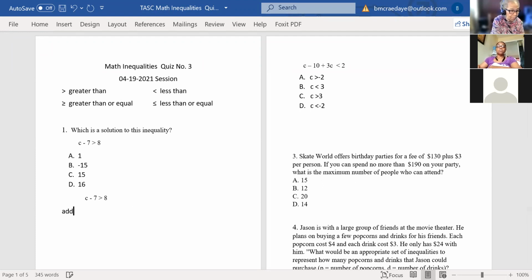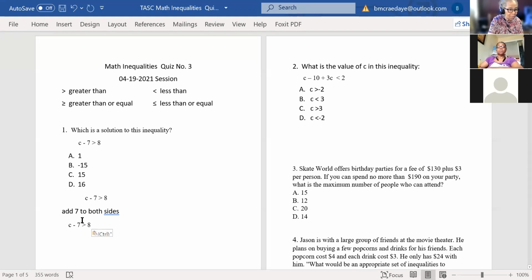The 7. Okay, add 7 to both sides. So let's just do that. Let's take our inequality, copy it, and then add the 7. We add 7 to the left side and 7 to the right side.